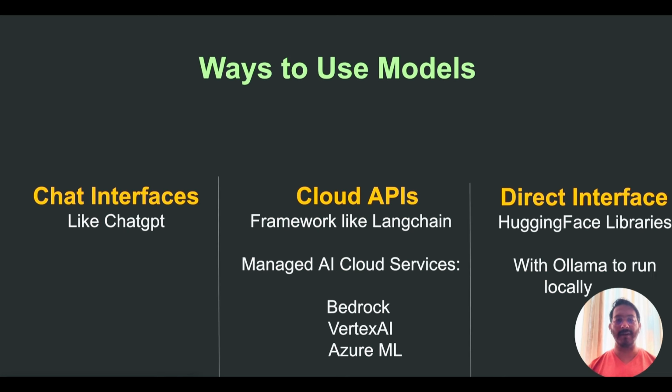Now, let's talk a little bit more as we go deeper. We have been talking about closed source and open source and how to use this. Now, let's talk about the different ways of using these models.